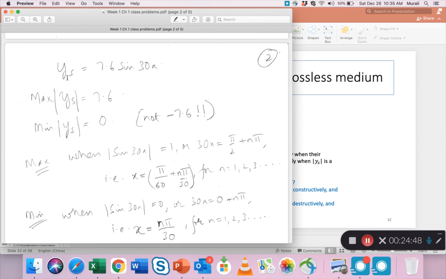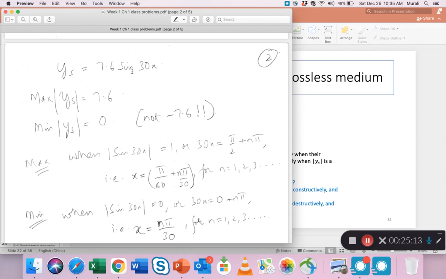If you take the magnitude of ys, it doesn't matter that the sine of an angle can go from minus 1 to 0 to 1. Even if this angle is negative, the maximum will still be 7.6.